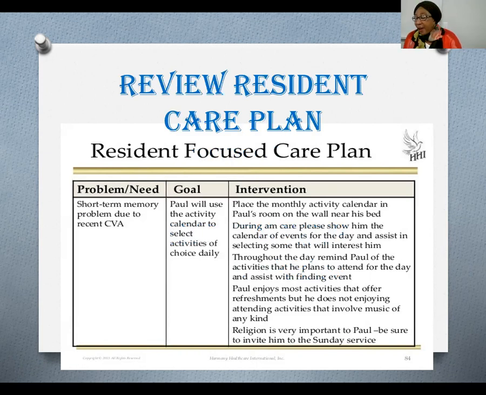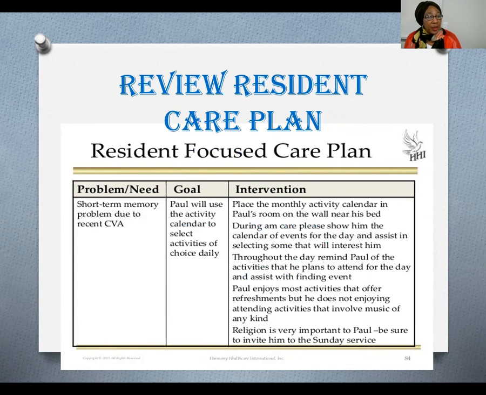Whenever you work at the different facilities you'll be working at, you will have a care plan. I think I've talked about care plans already. This is what your care plan sometimes will look like, depending on the facility. They will talk about the problem, what they want to achieve at the end of it all, and then what the interventions are.